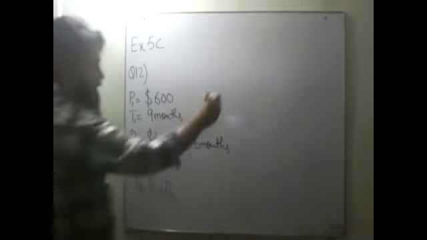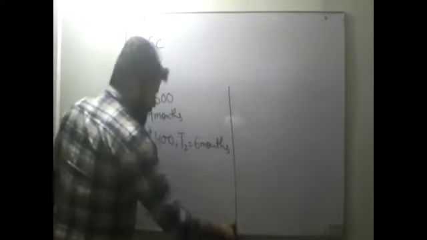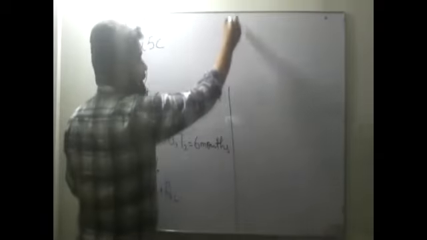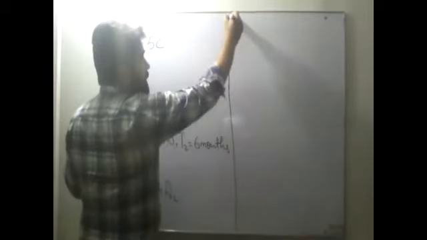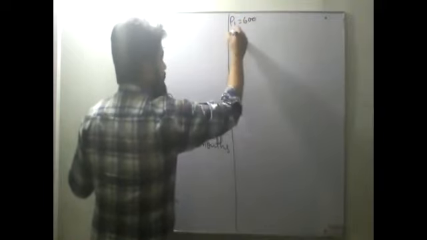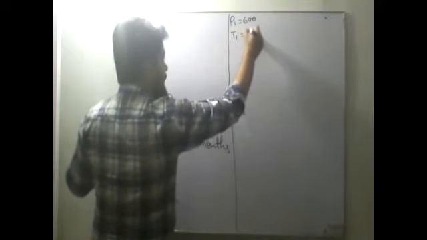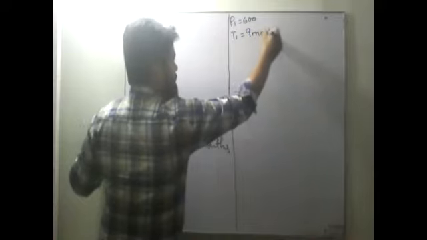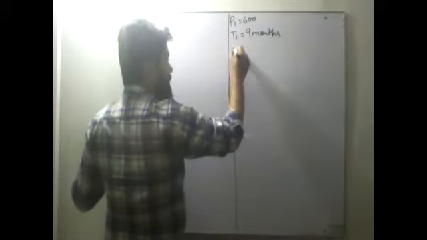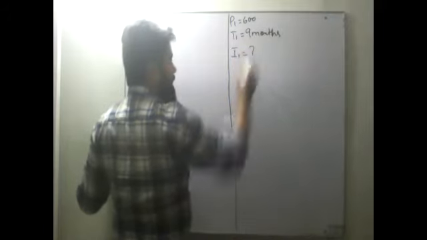So how will I find it? First of all, I'm writing them separately over here. P1 is $600. Time 1 is 9 months. Interest I have to find.